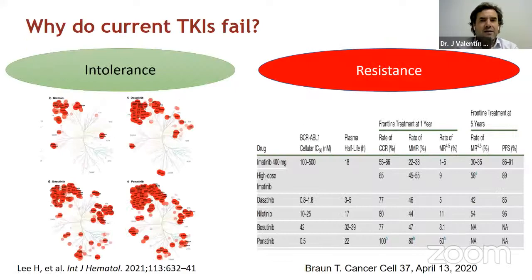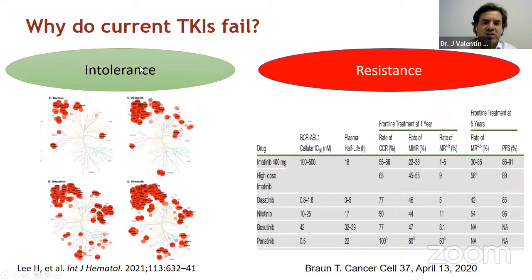So what is next in CML? Well, the main problem that we have, as I mentioned, is the patient that failed to second generation TKI. And we know that this patient failed due to intolerance and due to resistance. Regarding intolerance, we know why patients are intolerant to the TKIs that we are currently using.